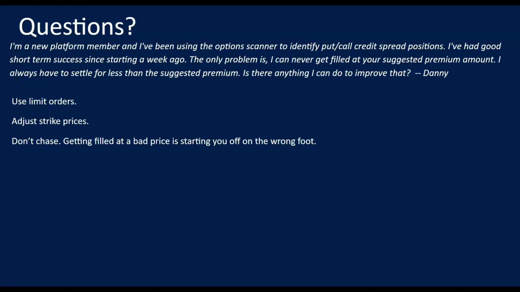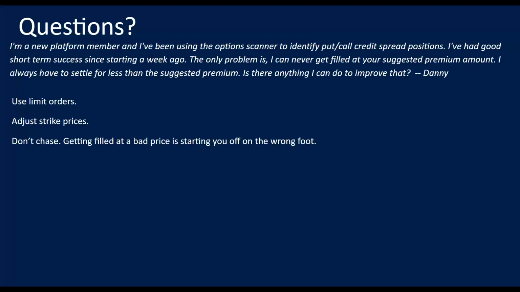Getting filled at a bad price kind of starts you off on the wrong foot, especially with something like a credit spread where the profit is limited, and there's a direct relationship between the amount of profit you're going to get and the amount you have at risk in a credit spread, right? So the profit is that initial credit, and then the amount you have at risk is the difference in strike prices minus the credit.